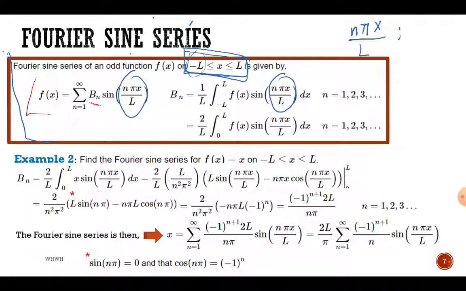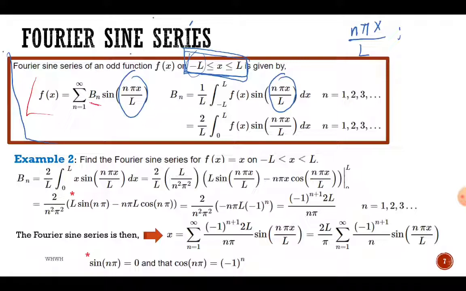Alright, so for the Fourier sine series, the formula becomes f(x) equals the Fourier sine series, from n equals 1 up to infinity, Bn sin n pi x over L. L, just leave it as L. It is not negative pi, and L is not equal to pi here. So our solution later will be in terms of L, because L is not defined as any particular value. Okay, it becomes just a variable.